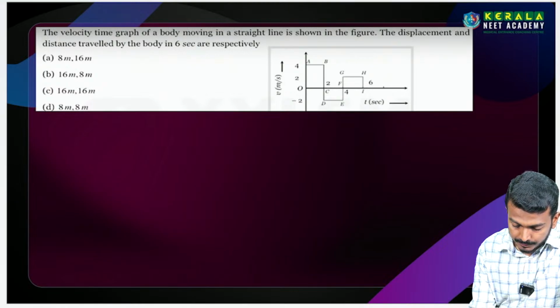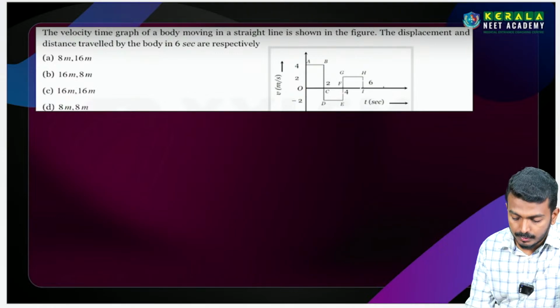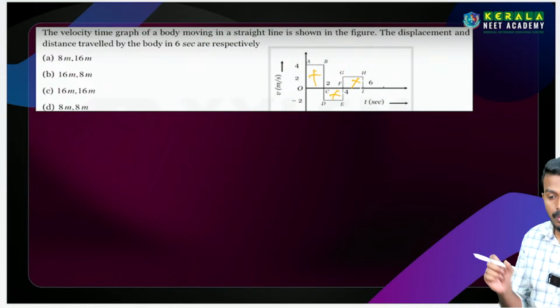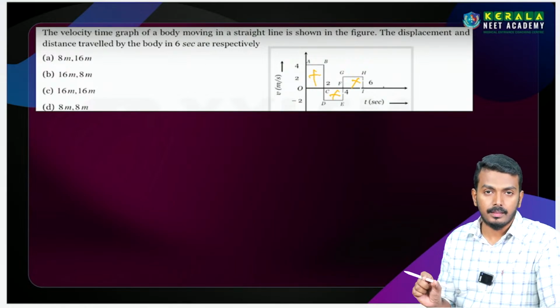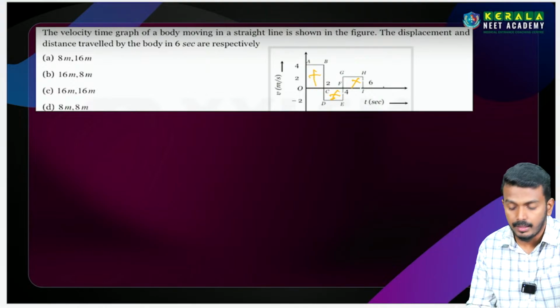When taking distance, listen, you just add the total area. This is the first area, this is the second area, third area. You just add only the area magnitudes. This area is on the negative side, but you have to add it. Just addition only.